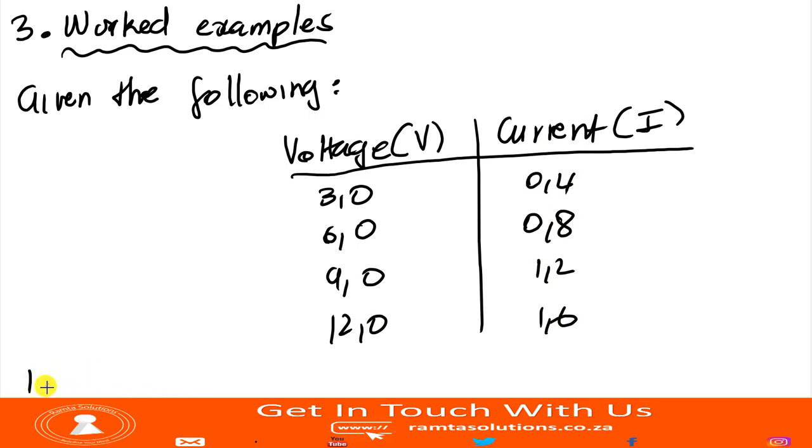Question 1, Roman figure 1: plot I versus V.